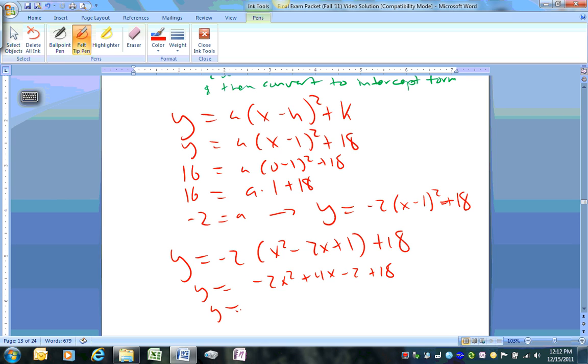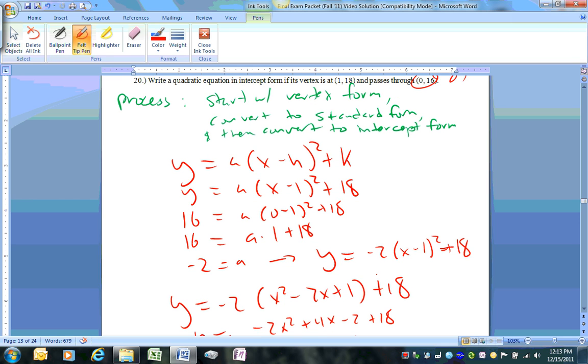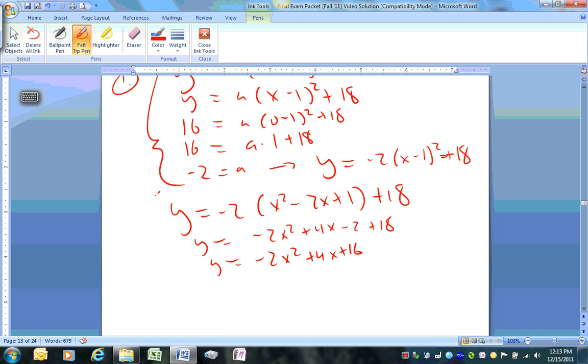FOILed, distributed, and I see there's two constant terms I can combine. So we can call this like step 1, step 2, step 3. All that was step 1. All that was step 2.